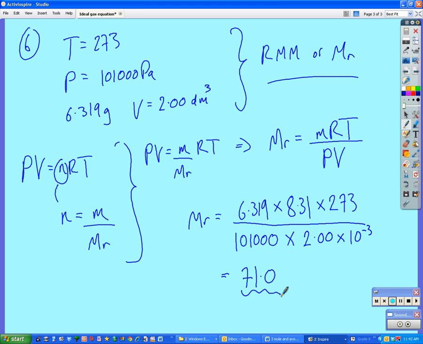Ask yourself a question: does that seem reasonable for a value for a molecular mass? Indeed it does. Of course, if you're getting a value in the thousands or a value below 1, you need to start asking yourself questions. Alarm bells should start ringing. That seems reasonable.